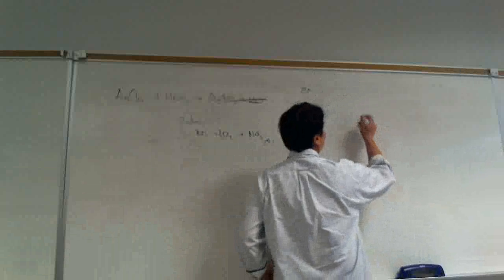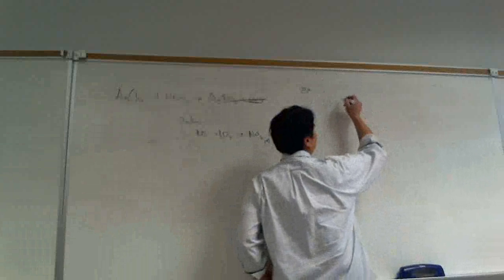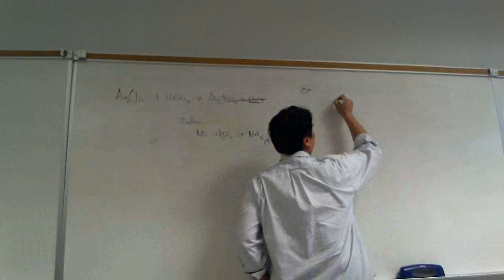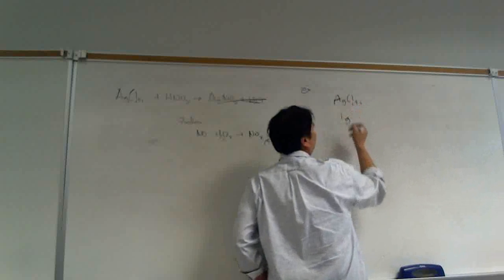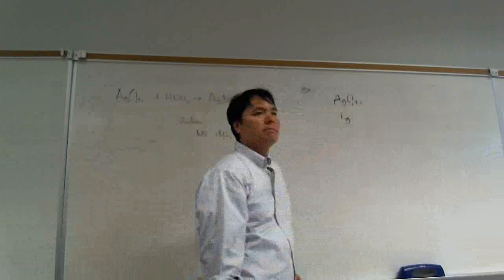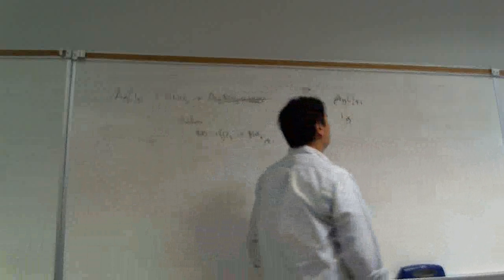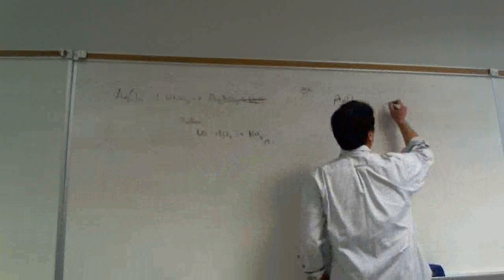But what I want you to do in Chem 1B is do this. Let's say I have silver chloride solid, 1 gram of this stuff. And you guys use 6 molar ammonia, right?